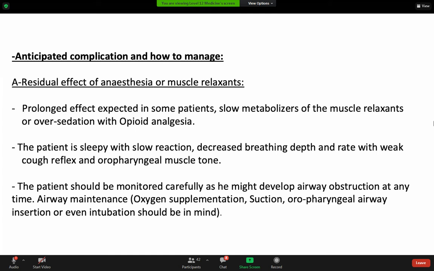So what is the anticipated complication that can happen? Residual effect of anesthesia or muscle relaxant, so prolonged effect is expected in some patients. They react differently. In some patients the effect of general anesthesia and muscle relaxant takes longer than in others.